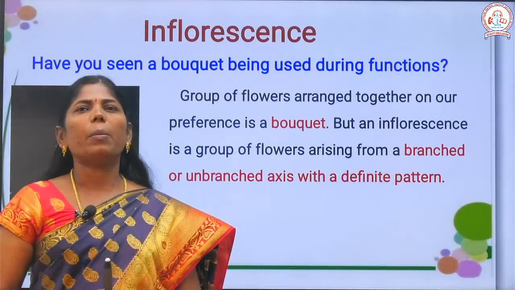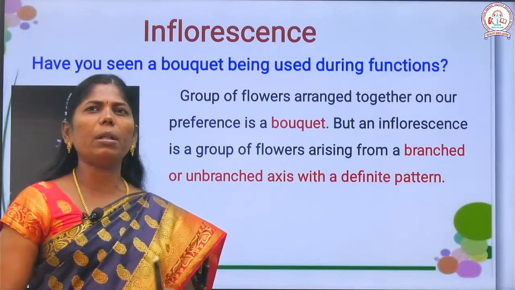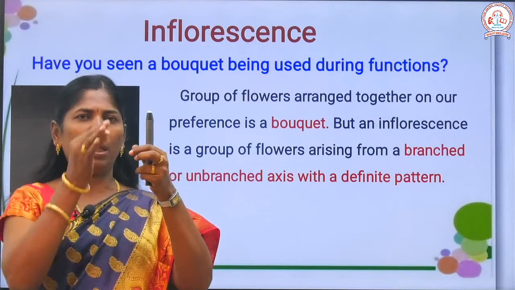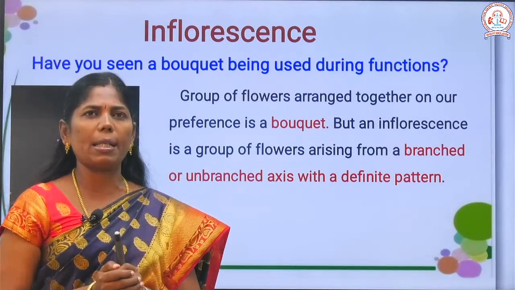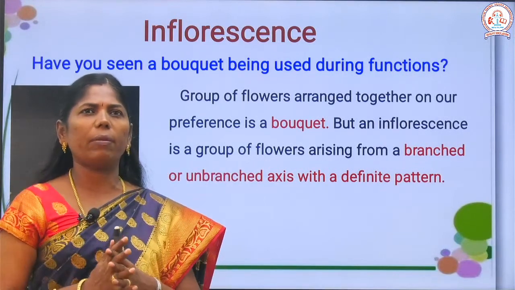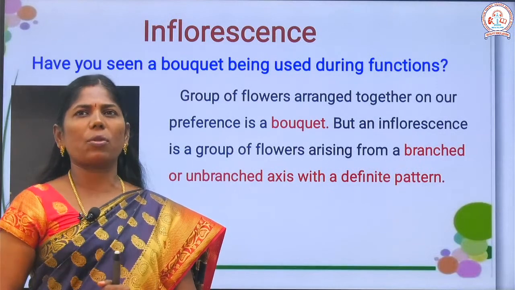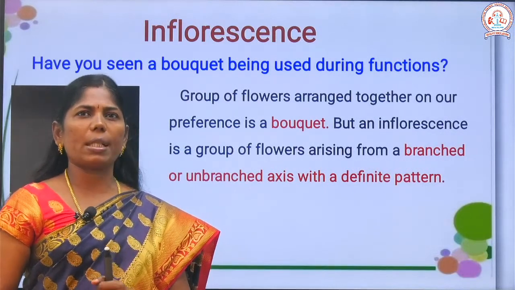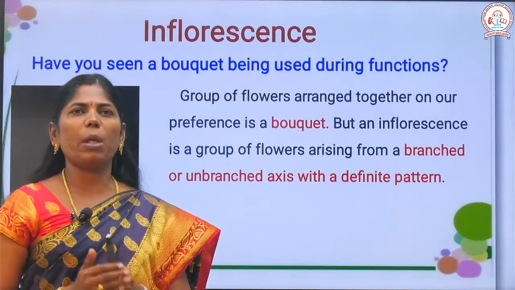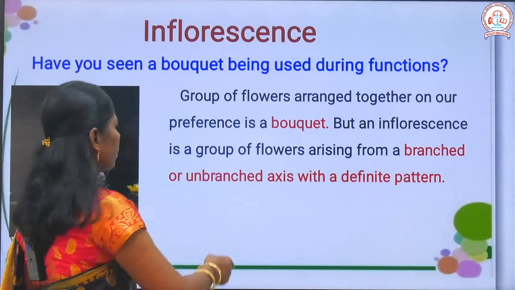But an inflorescence is a group of flowers arising from a branched or unbranched axis. The axis is the main branch. From the main axis we can see a lot of branches. Sometimes we cannot see branches, that is an unbranched structure. So, an inflorescence is a group of flowers arising from a main axis, which may be branched or unbranched.